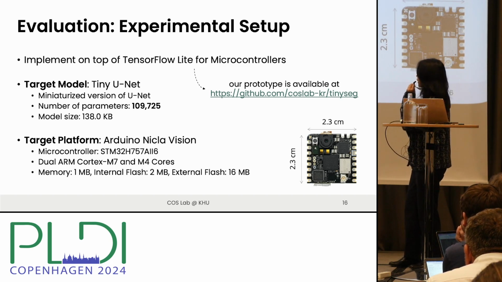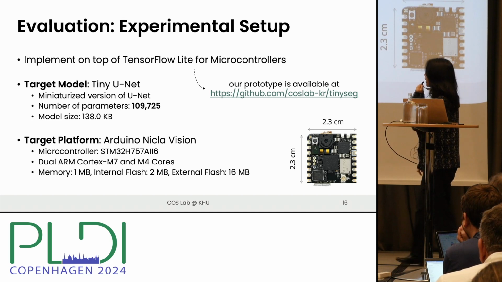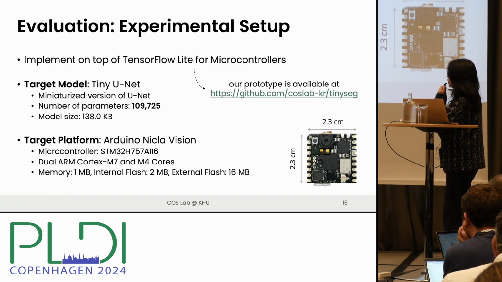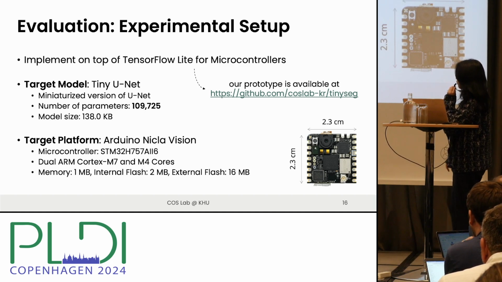To measure the latency of the model, we used the Arduino Nicla Vision, which has dual ARM cores, M7 and M4, 1 megabyte of memory, and internal and external flash memories.